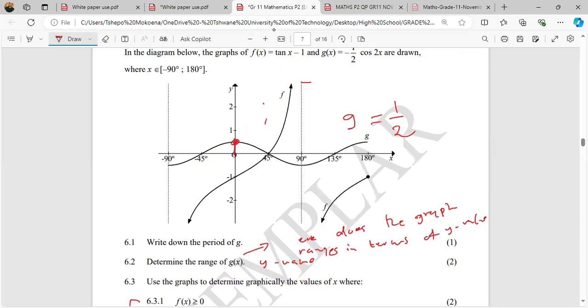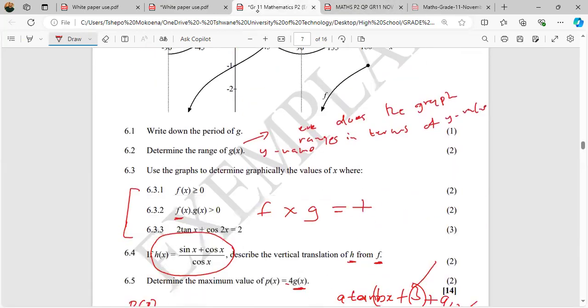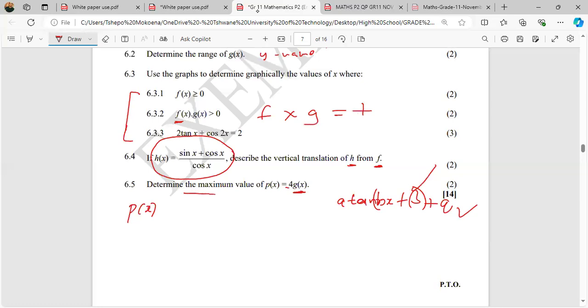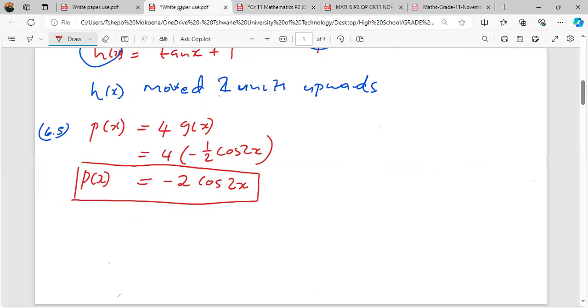So in this question, they want the maximum of P. P looks like this. Look at the amplitude. And again, what will be the maximum of P? It's going to be 2.